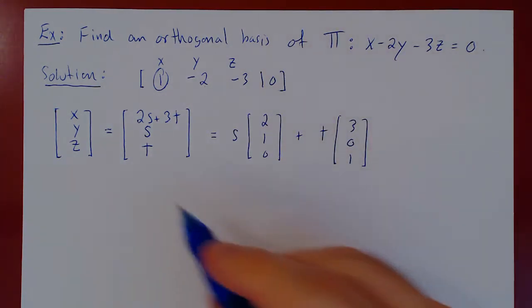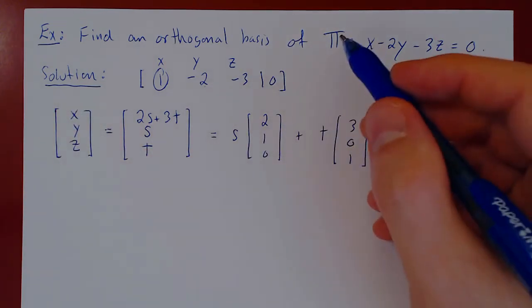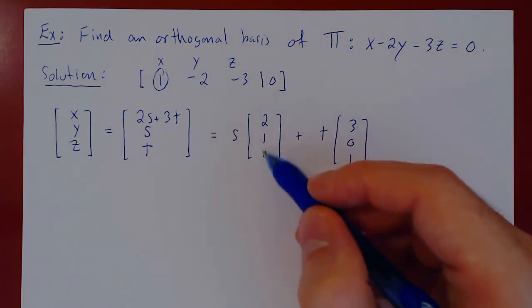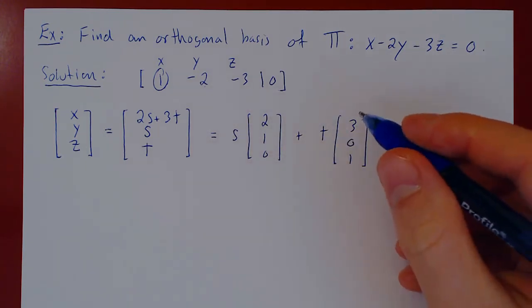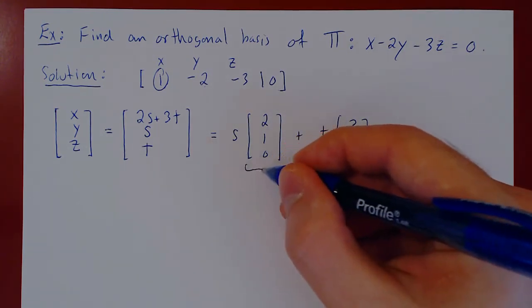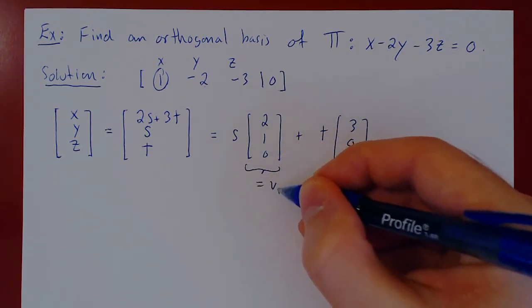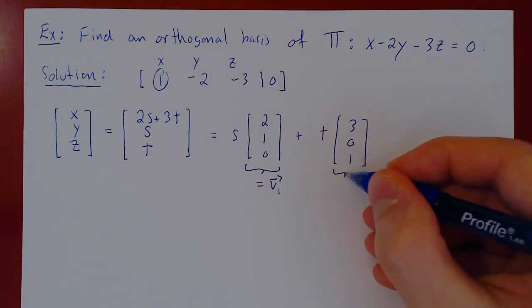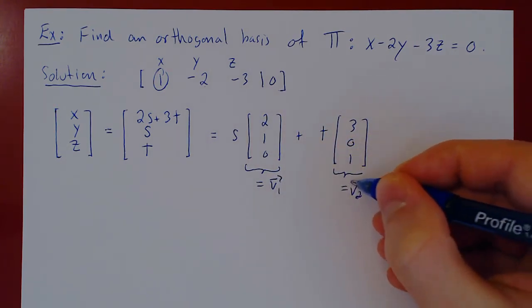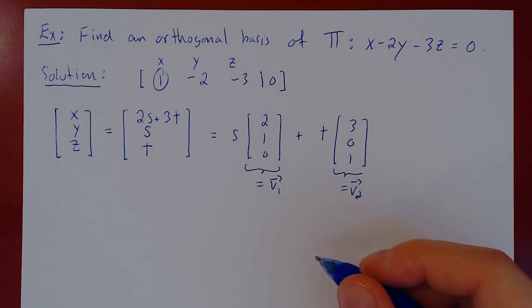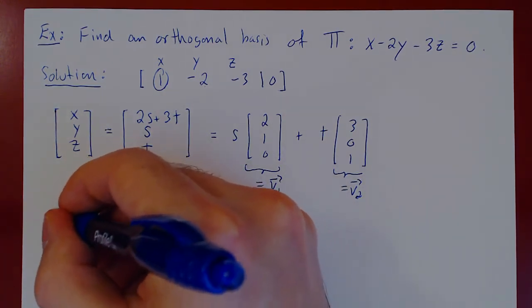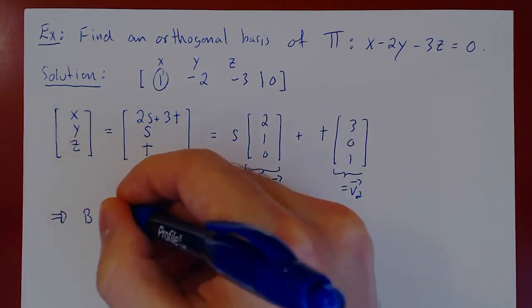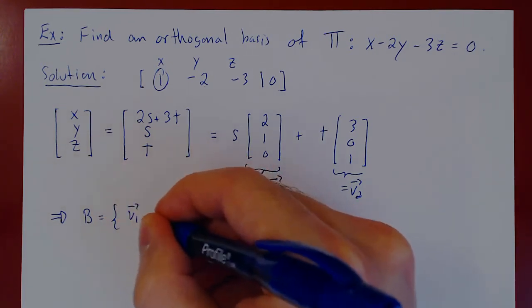And if you look now, every point on the plane is a linear combination of the vector 2, 1, 0, 3, 0, 1, and so we have now a set of generators for the plane. So we have a potential basis given by V1 and V2.